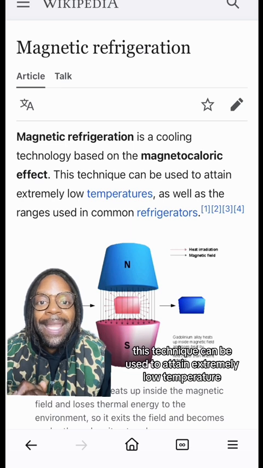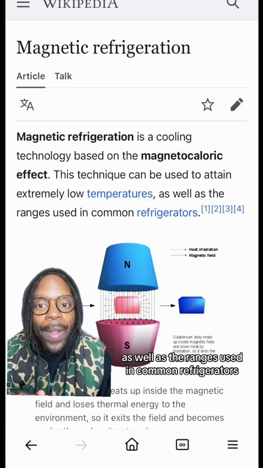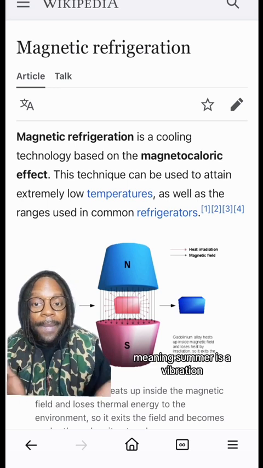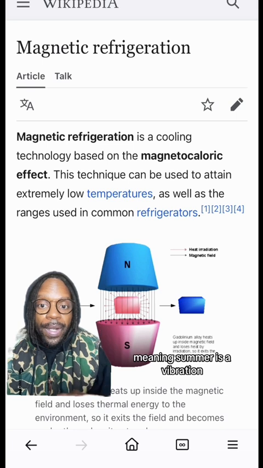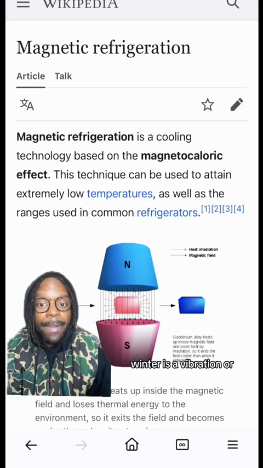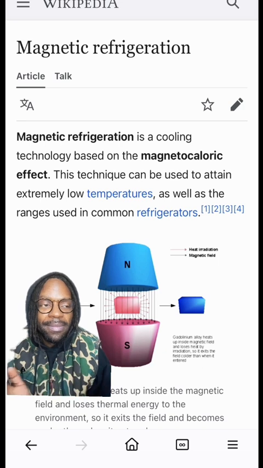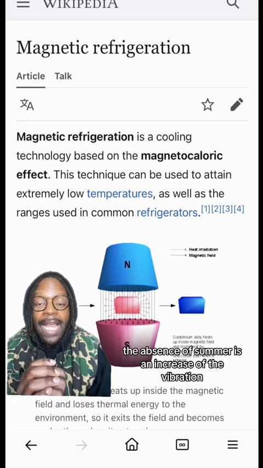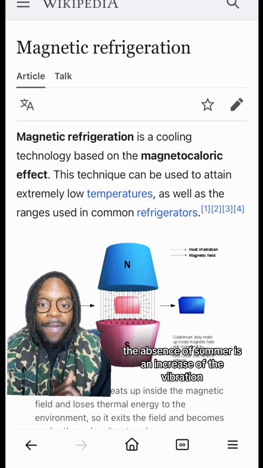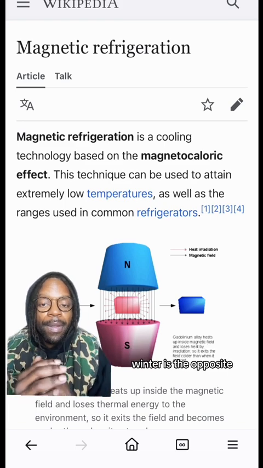This technique can be used to attain extremely low temperatures as well as the ranges used in common refrigerators, meaning summer is a vibration, winter is a vibration, or the absence of. Summer is an increase of the vibration, winter is the opposite.